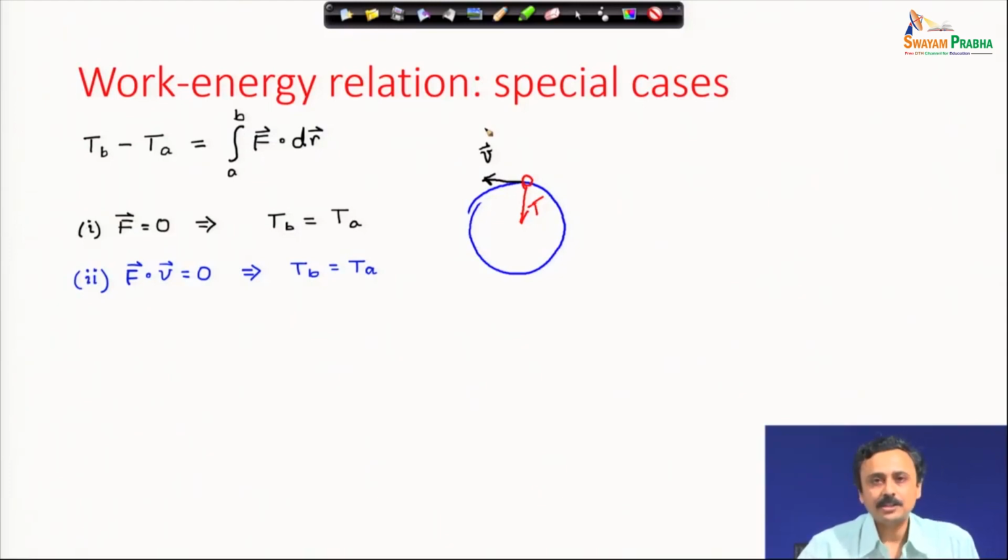Another interesting situation where F dot v is 0 is that of a charged particle in a magnetic field. As you know, if you have a charge, let us call it q, and there is a magnetic field, let us say coming out of the plane of the paper.